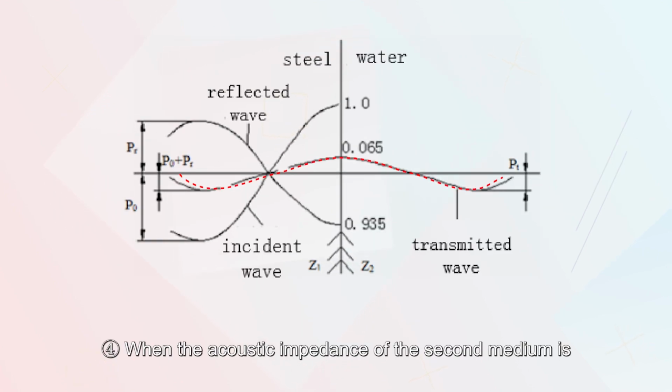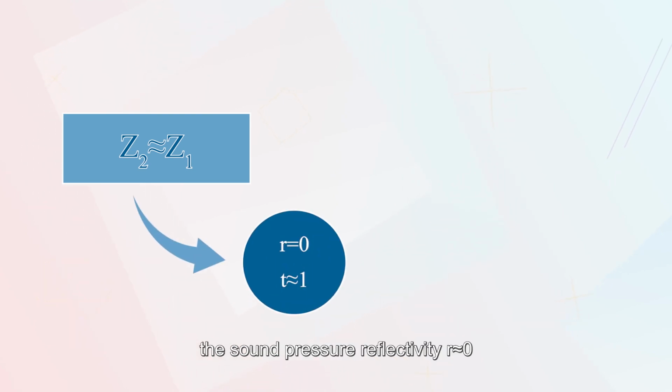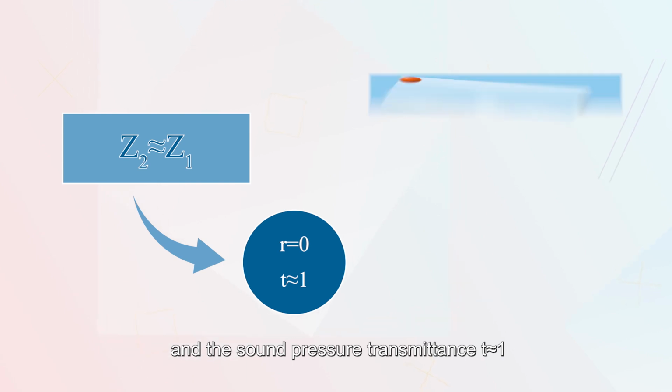4. When the acoustic impedance of the second medium is approximately equal to the acoustic impedance of the first medium, the sound pressure reflectivity R is approximately 0, and the sound pressure transmittance T is approximately 1.